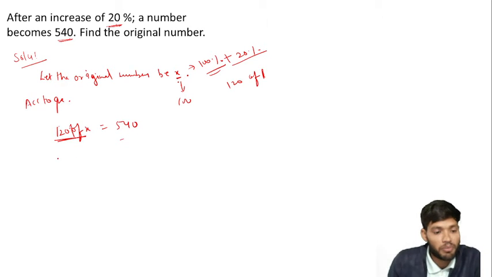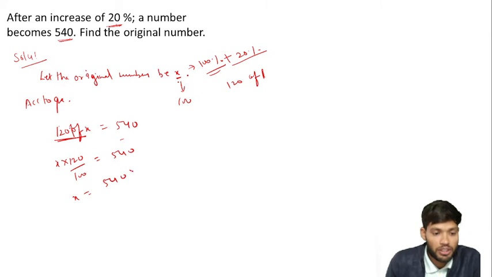So 120% of x means x into 120 by 100 is equal to 540. Then x is equal to 540 into 100 upon 120. 6 2s are 12, 6 9s are 54. It means 900 upon 2.